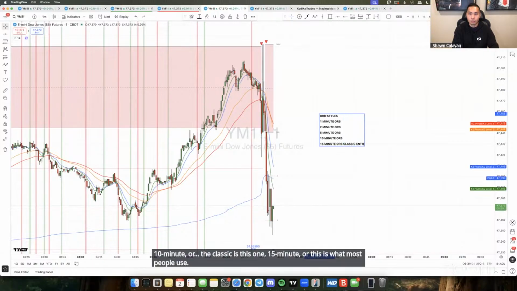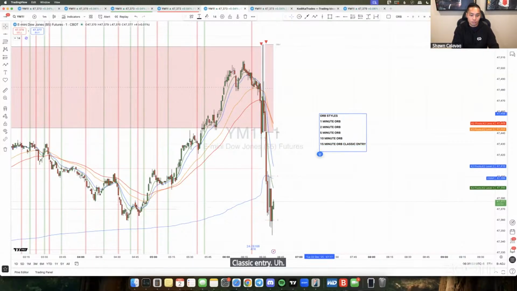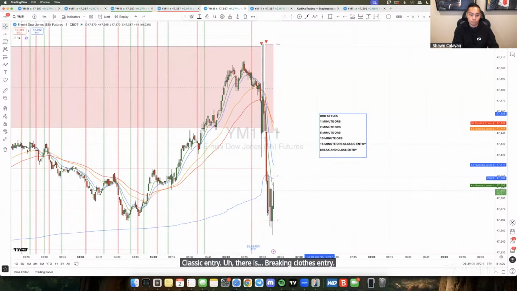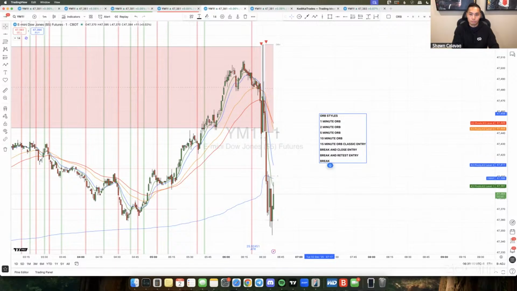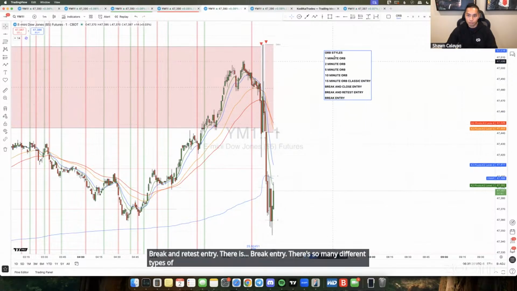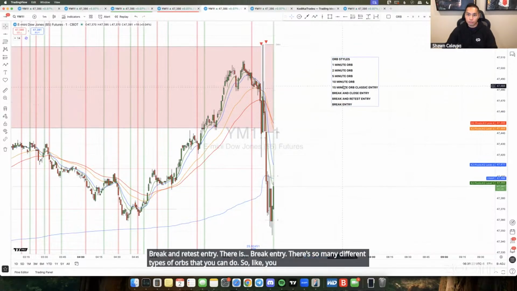Classic entry, break and close entry, break and retest entry, break entry. There's so many different types of ORBs that you can do. So everybody's kind of doing different types of ORBs.